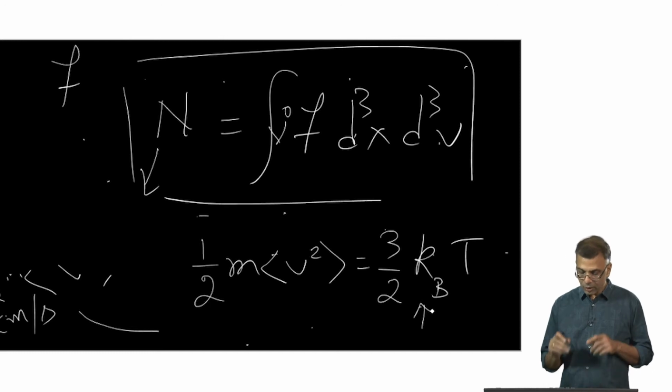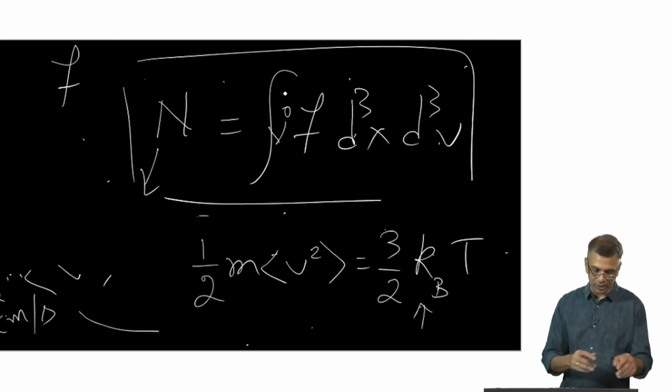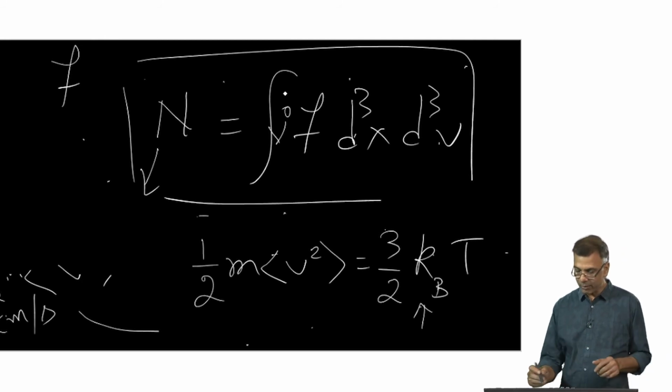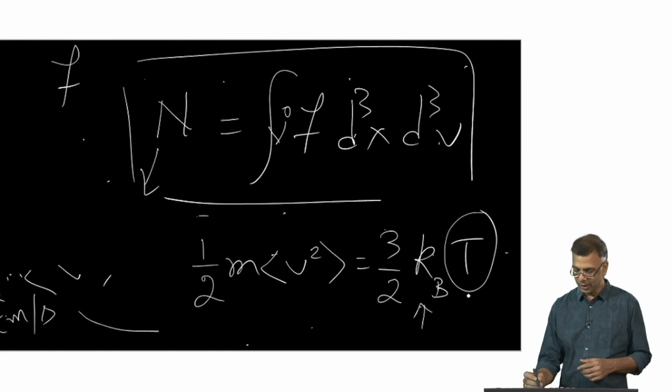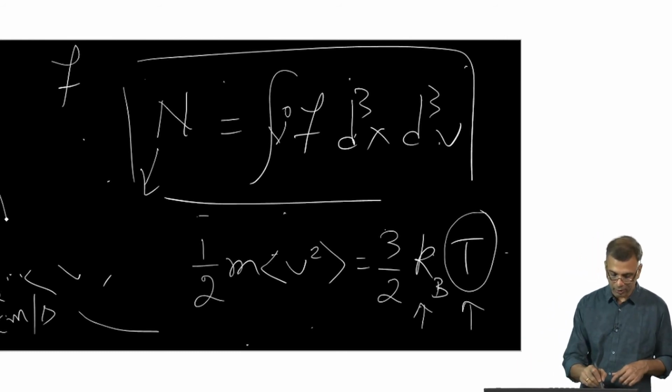So here you see, simply by altering this v raised to 0 to v squared, and of course sticking in a half m on both sides, I'm able to get a macroscopic quantity that you would normally associate with a continuum of gas, such as temperature. And once I have the temperature, I can also get the pressure. P equals n k_B T.